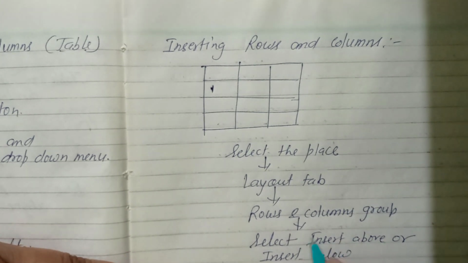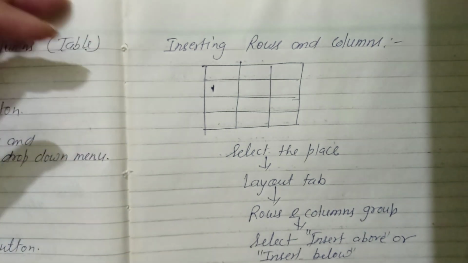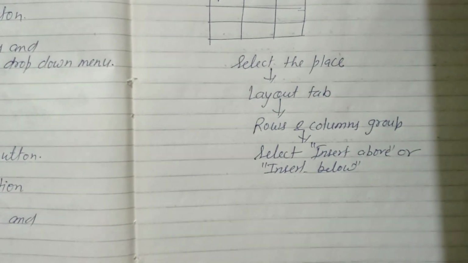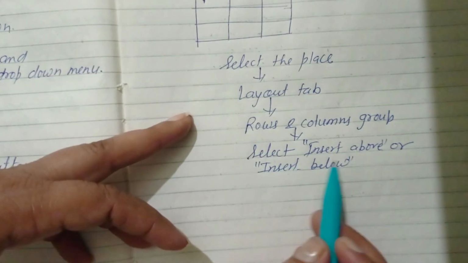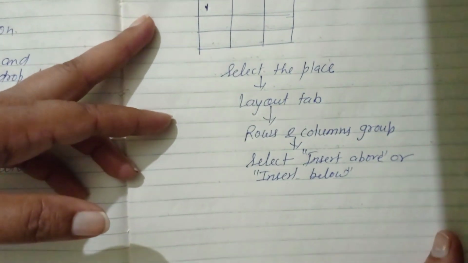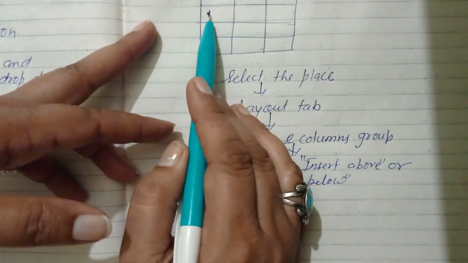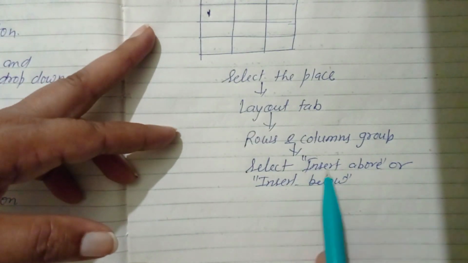Any one option we have to select from these two options. Then new row will be inserted at the selected place and data of this row will be shifted according to our selection.